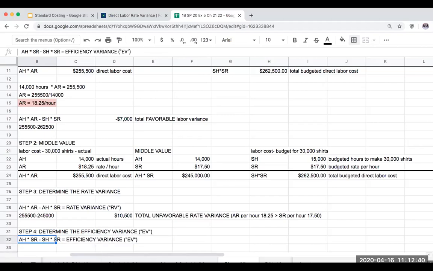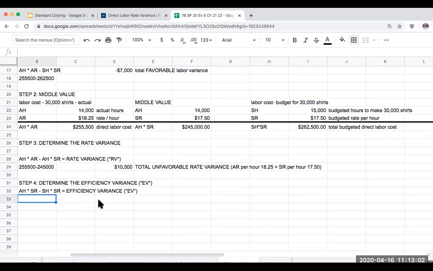Okay. Why is this the efficiency variance? The efficiency for direct materials, we call the quantity. This is really efficiency though. How efficient were we in terms of making the product? So here I'm keeping the standard rate constant, and I'm focusing on the actual hours and then the standard hours.